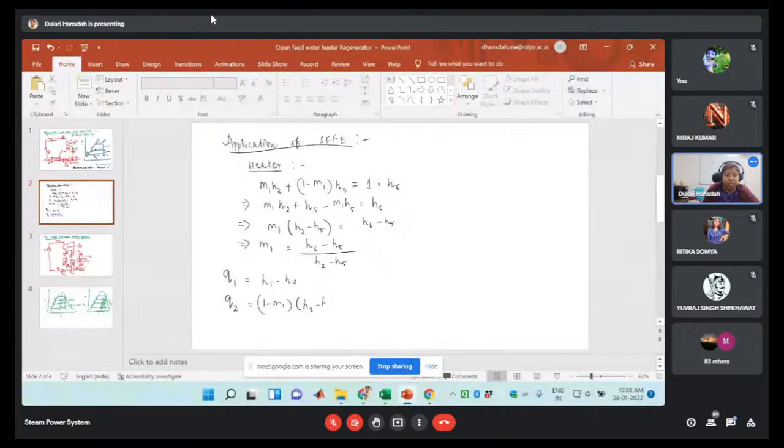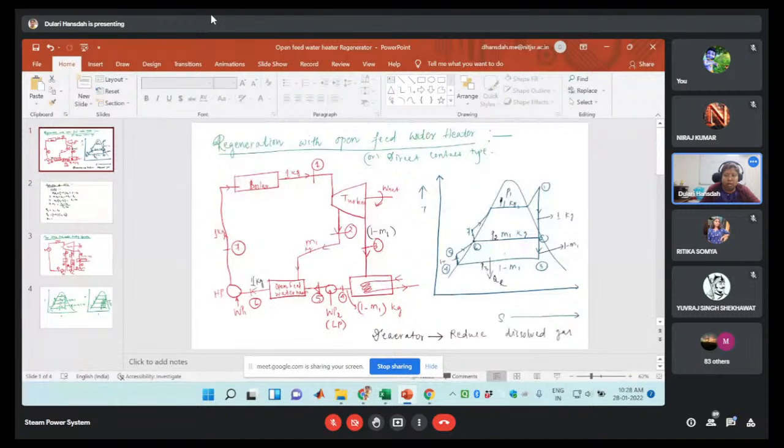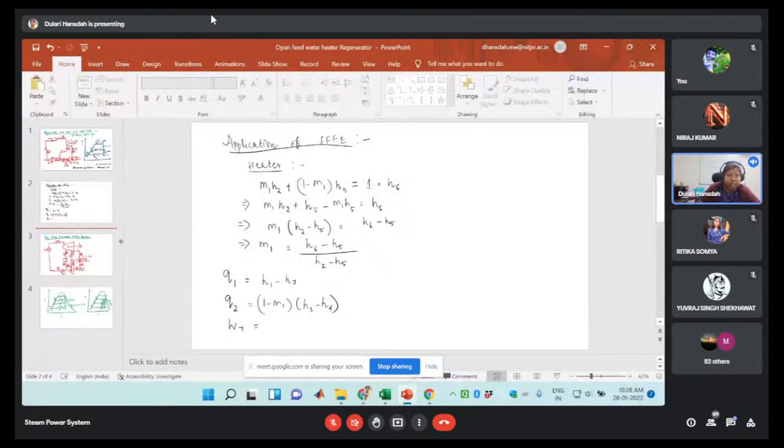So this is the heat addition and this is the heat rejection. Now we can write the turbine work. The turbine work I can write as 1 into H1 minus H2.